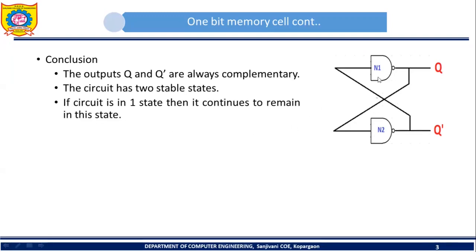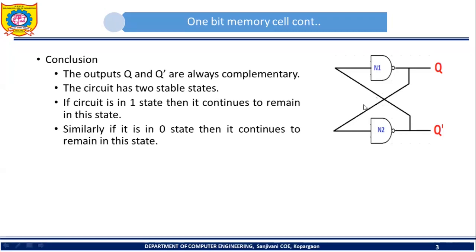Now if this circuit is in one state, then it continues to remain in this state. So in this circuit, if Q is 1, then I can say that the state of this circuit is 1, and this state will remain as it is. It is not going to change. Similarly, if it is in 0 state, then it continues to remain in this state only.